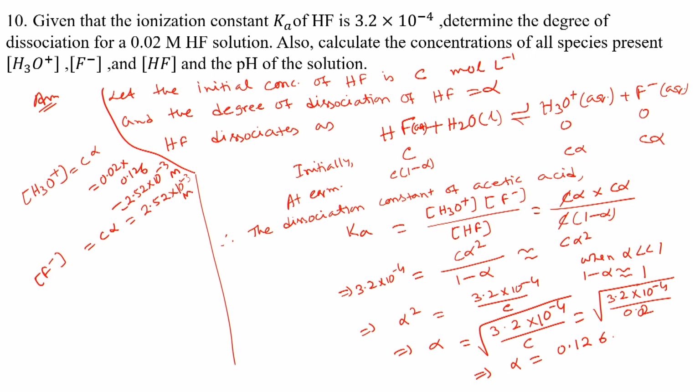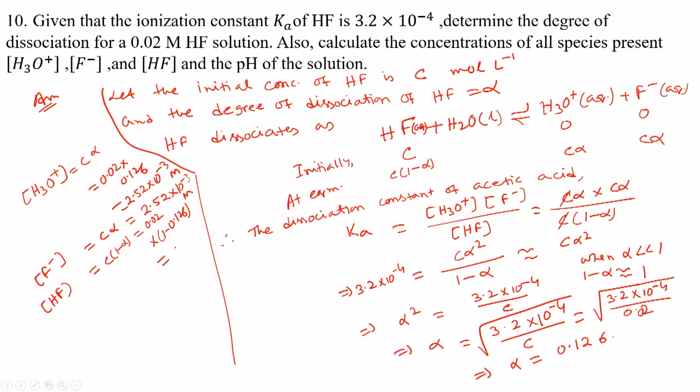And we need to calculate the concentration of HF. At equilibrium the concentration of HF is C times 1 minus alpha. So C is 0.02 times 1 minus 0.126.